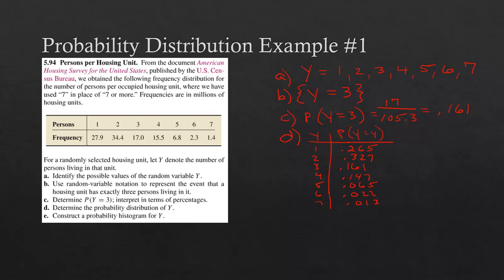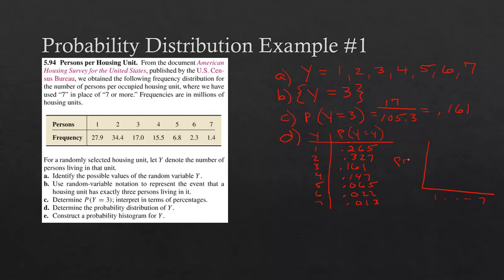Now, to construct a histogram, I'm not actually going to draw this histogram on this example because we're running out of room here. But remember, you're going to make your histogram, label your values of y here, so 1 to 7 down here.